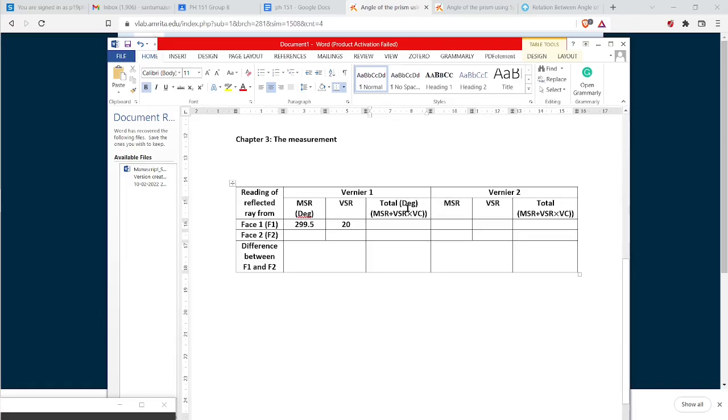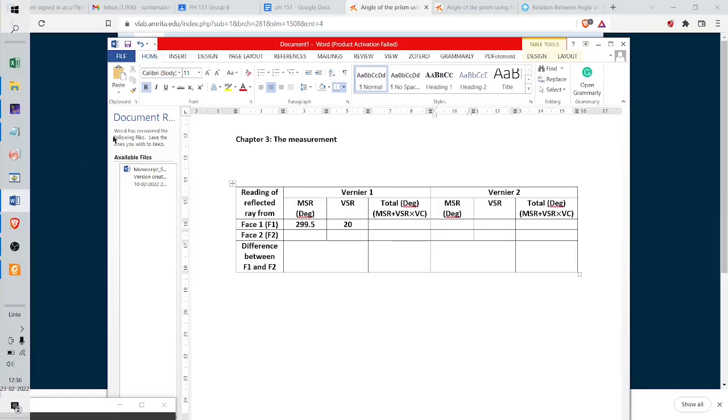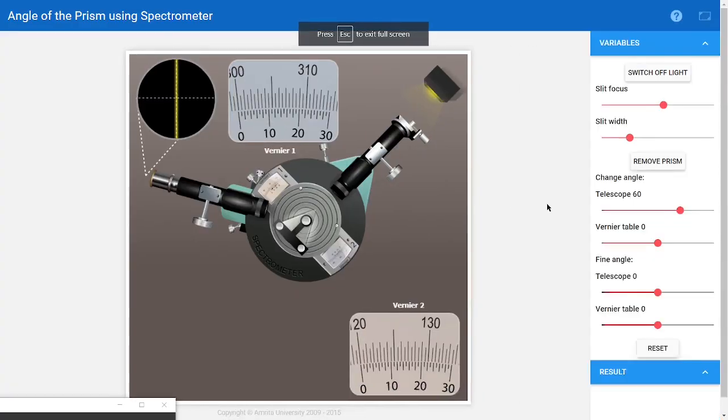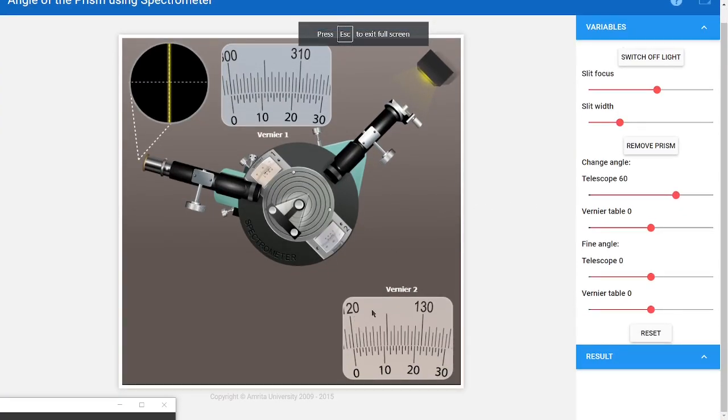As for this vernier 2, just copy and paste. Okay, fine. This is my VSR, 20 for the vernier 1, and in this case we have to go for the vernier 2. What is the vernier 2 value? This is 120, this is 130, so this must be 129.5, and this is the 20.